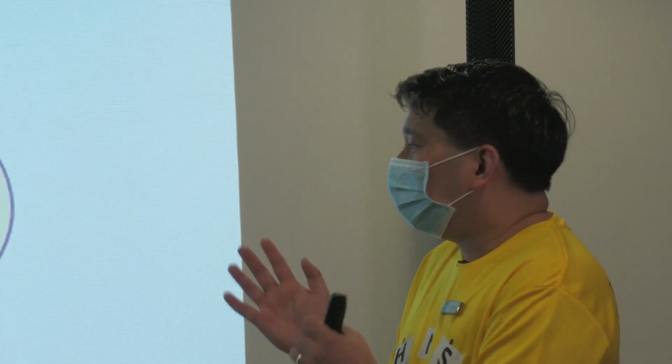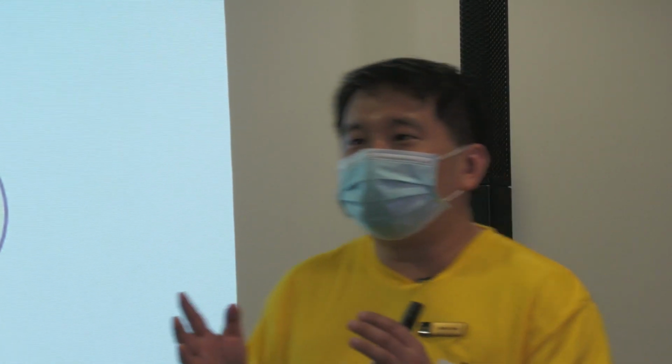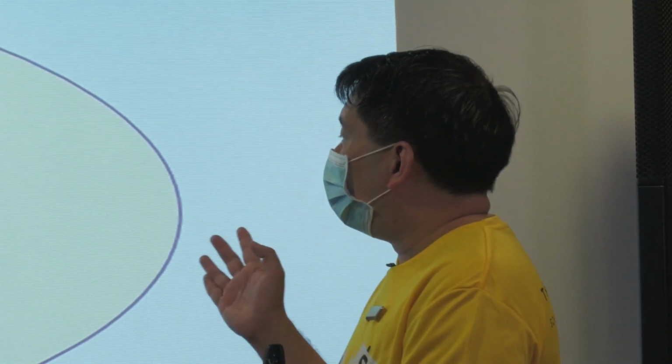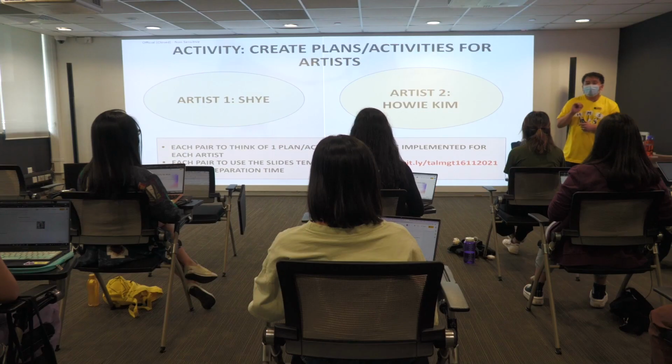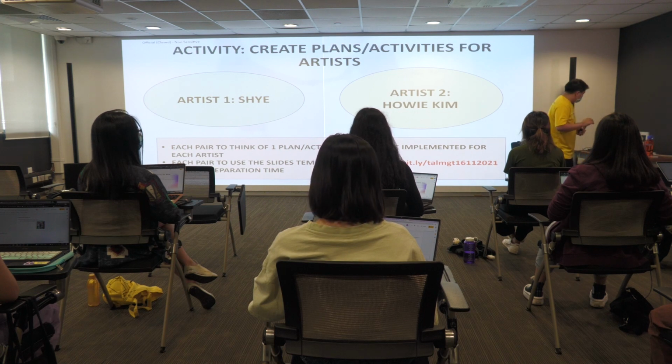So you as the artist manager, they rely on you to think of plans or activities that they could do to progress in their career. So I would like to hear from maybe one pair about what kind of plans you have thought of for each artist. So let's see, maybe we'll get Rachel and Alyssa to share.